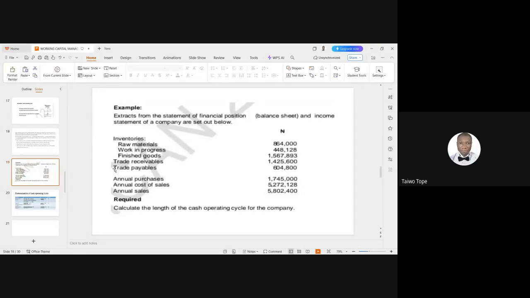What else can we compute here? Receivable collection. All right, receivable collection period or credit period given to customers, whichever can suffice.